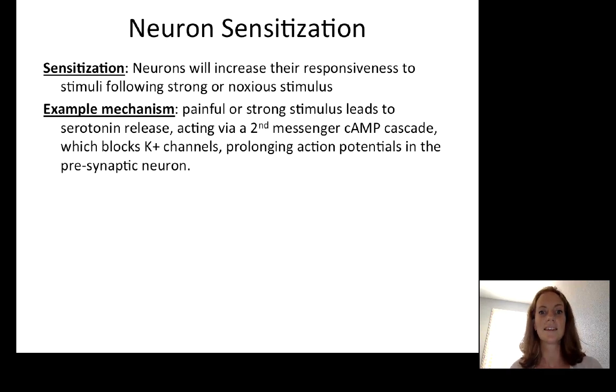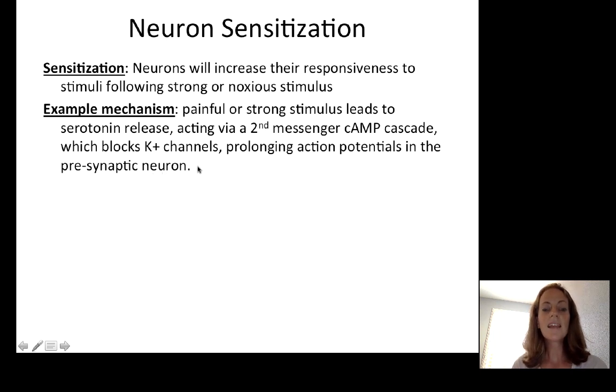This is sensitization. Painful or strong stimuli will lead to serotonin release, that's a neurotransmitter, and then through a second messenger cascade, which happens to block potassium channels, this will prolong action potentials in the presynaptic neuron.